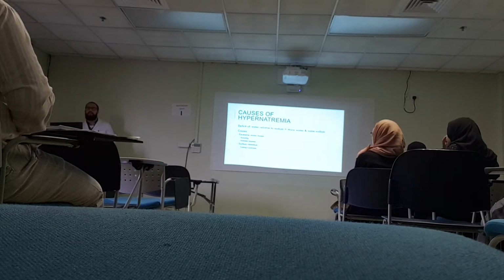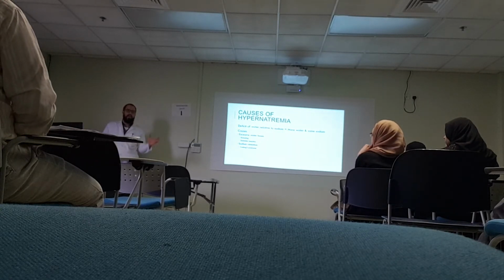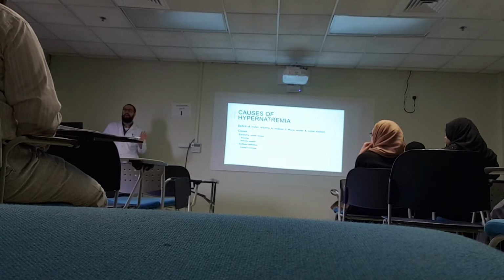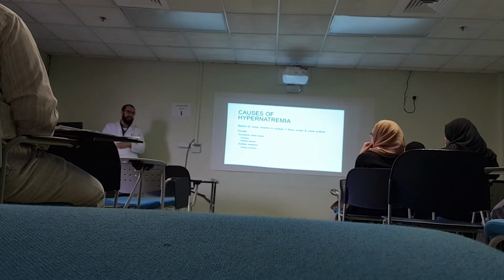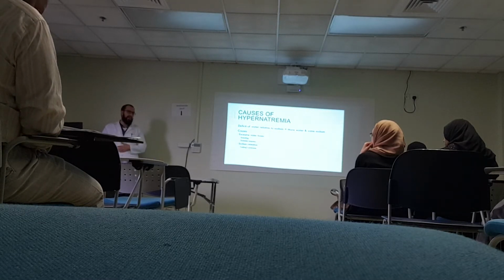Let's say the patient's sodium is low, 130. You want to replace it, so you will give hypertonic saline. The patient has neurologic symptoms, the patient has lethargy, the doctor asks to give hypertonic saline.